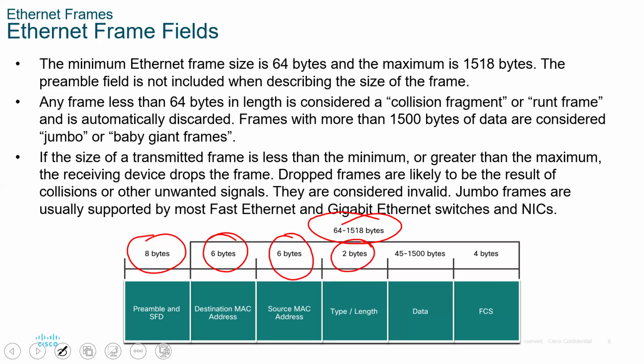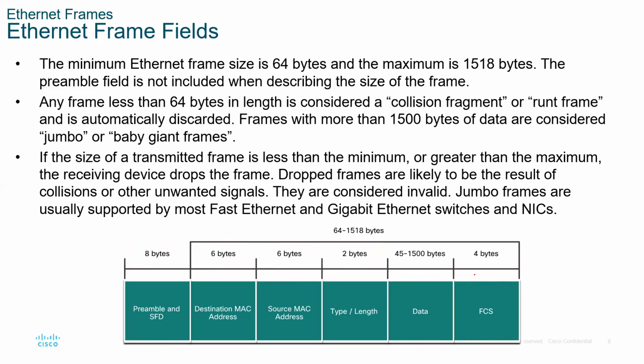And within this data, it contains the initial data from the application layer, and it also contains the header information from the application, session, presentation, transport, network layer. Okay, so it contains all those other layer information. So all of it is placed inside this data, and it ranges between 46 to 1,500 bytes. Then at the end, it has what they call the FCS, which is the frame check sequence that checks for errors. Okay, checks for the errors.